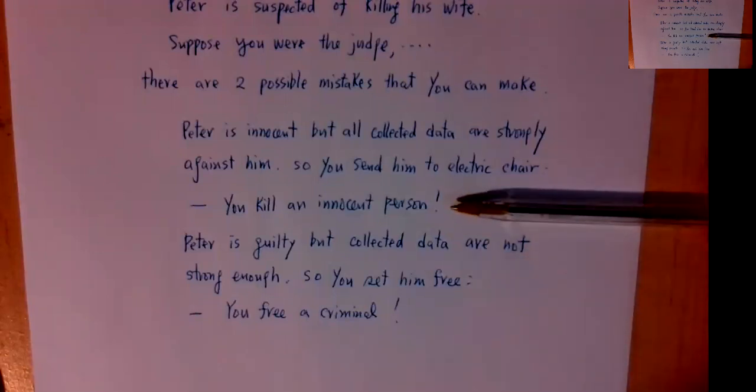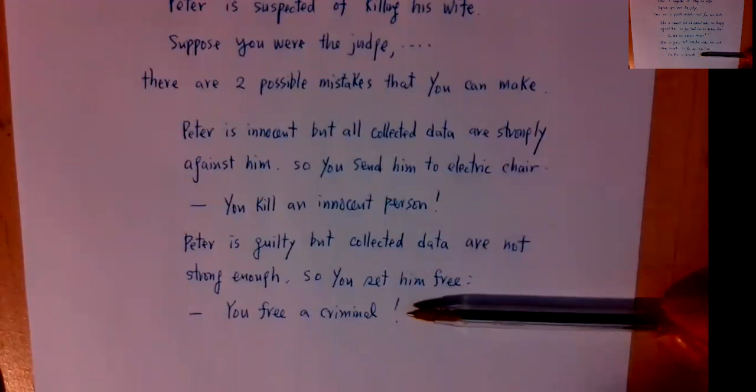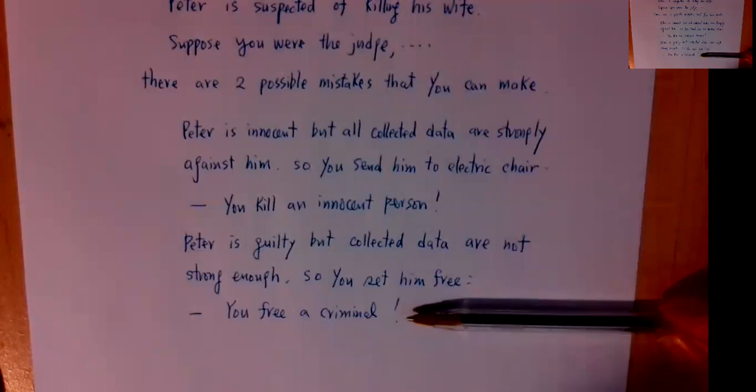That is, whoever sent to the court for that reason, you say, I don't believe anybody will kill his own wife. You free everybody. If you free everybody, if that's your strategy, then probability that you kill an innocent person, that chance is 0. But on the other hand, the chance you make this mistake when Peter is actually guilty, that's 100%.